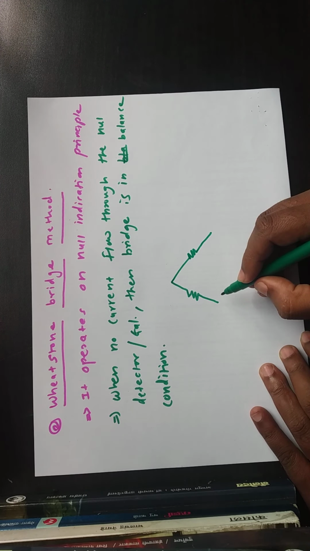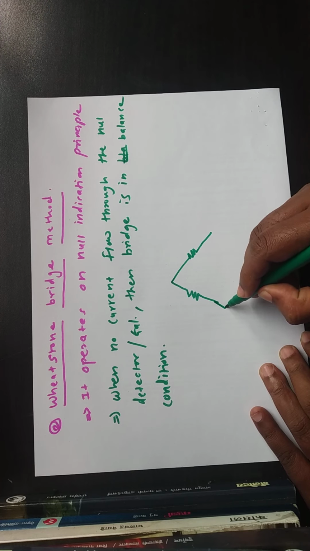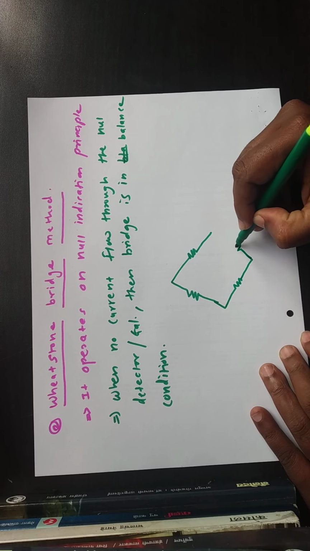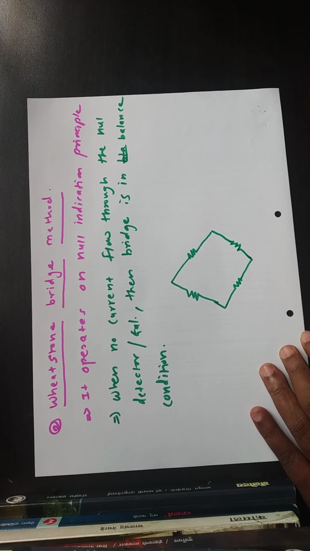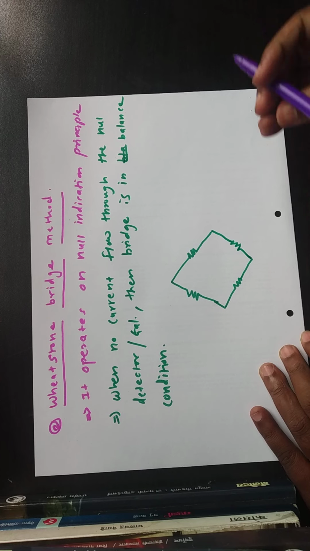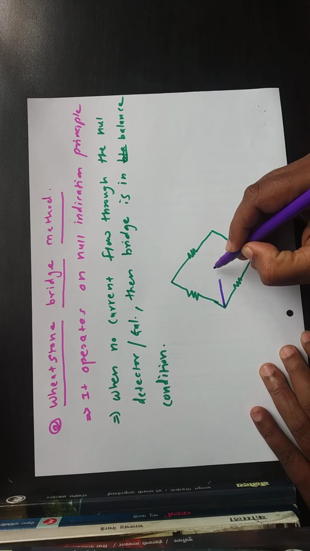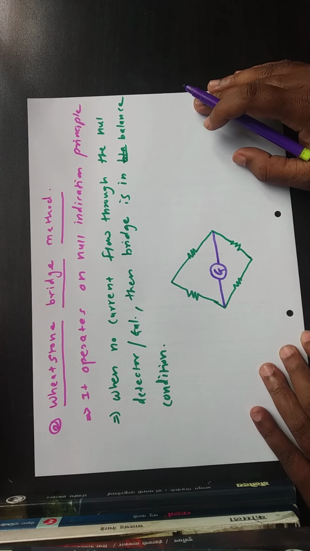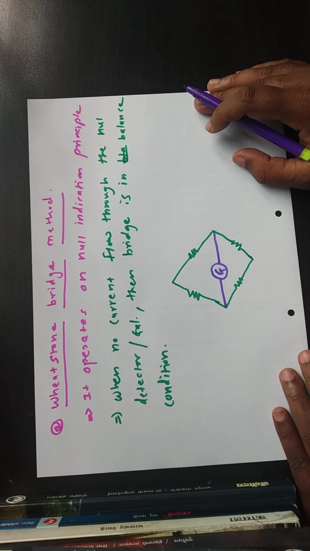This is a resistance, then this is another resistance, and this is another resistance. Your galvanometer should be here, or a null detector. We also call it a galvanometer or a null detector.